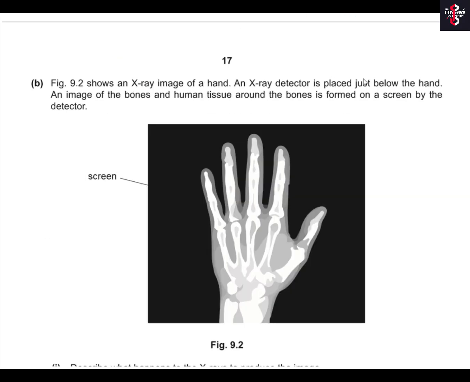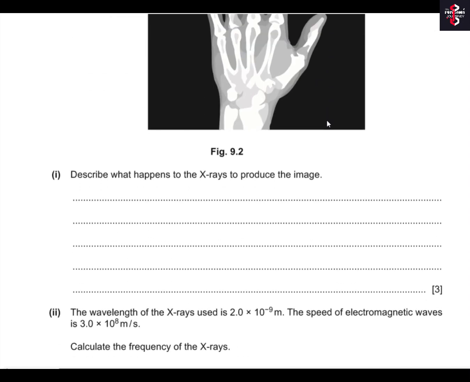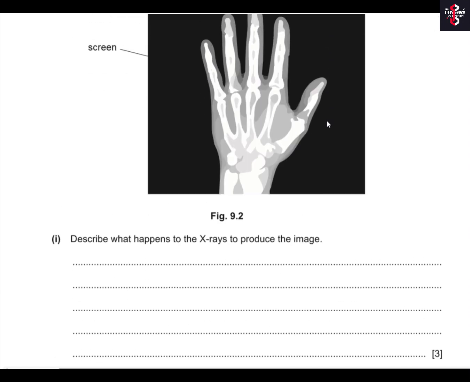Figure 9.2 shows an X-ray of a hand. An X-ray detector is placed just behind the hand and an image of the bones and human tissues around the bones is formed on the screen by the detector. We are asked to describe what happens to X-rays to produce the image.